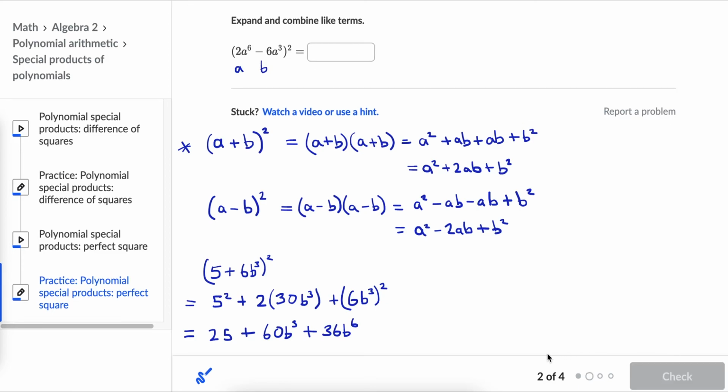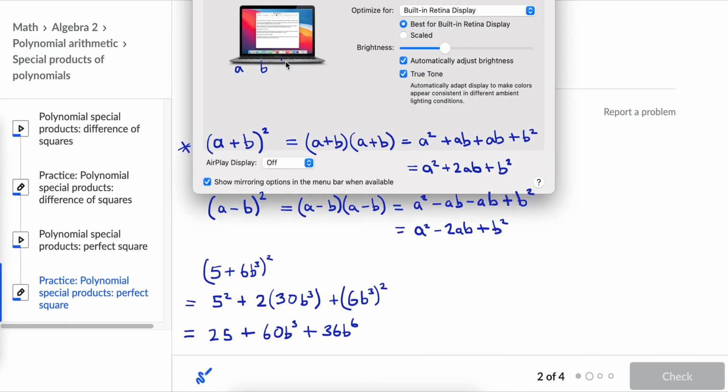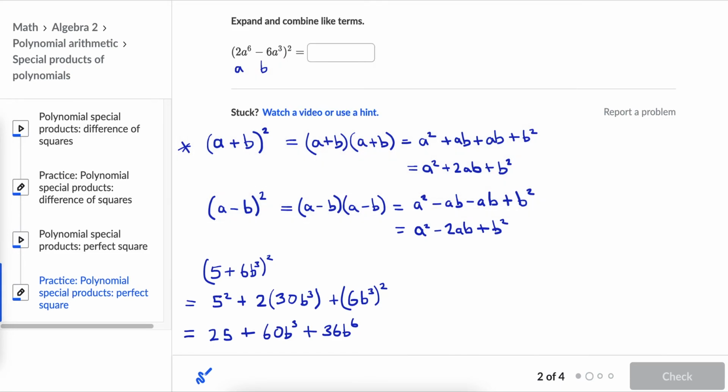So, taking a look at a second problem, we're going to look now at the negative version of it. We're going to highlight this one here. So we're looking at a squared minus 2ab plus b squared.